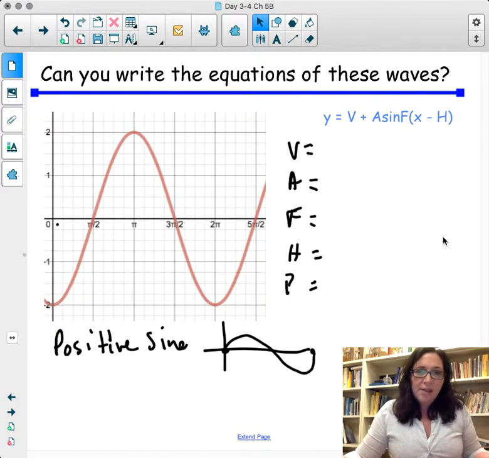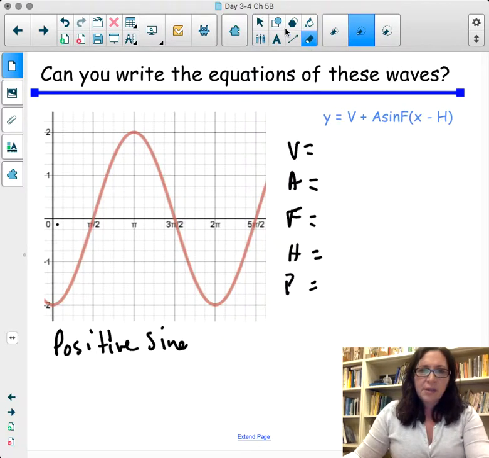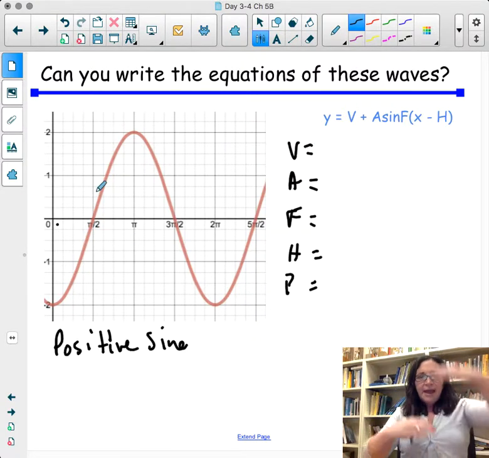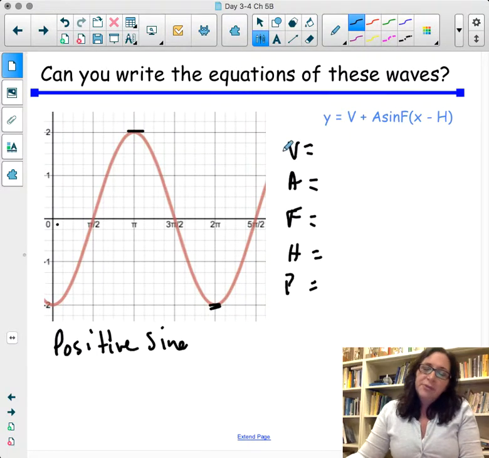That's what today is all about. So let's do this. Okay, so I'm going to start off with making this a positive sine wave. And to make my vertical shift, you need to find the average between your high and your low points, okay? So my high point's 2, my low point is -2. This one's super easy, but I'm just going to go through the motions with this.